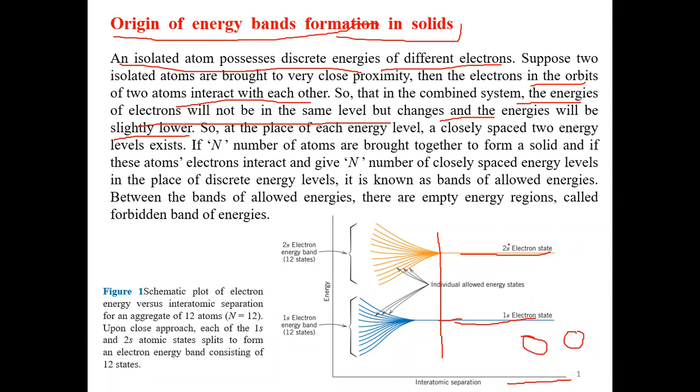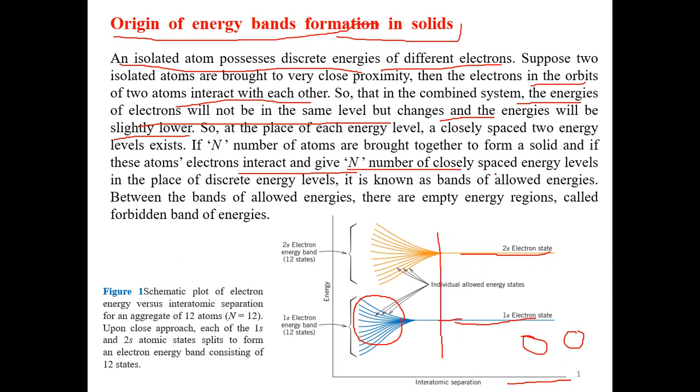If n number of atoms are brought together to form a solid, and if these electrons interact, they give n number of closely spaced energy levels. Like when two atoms are close to each other, two different energy levels exist there.